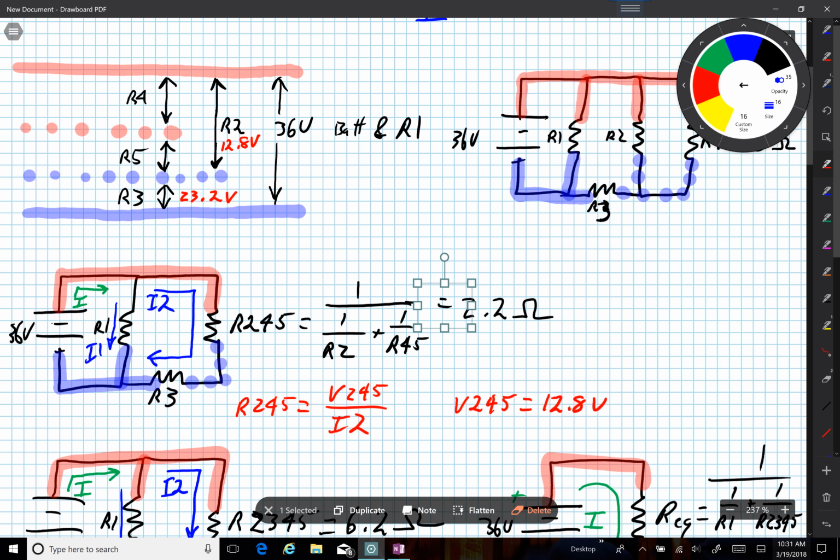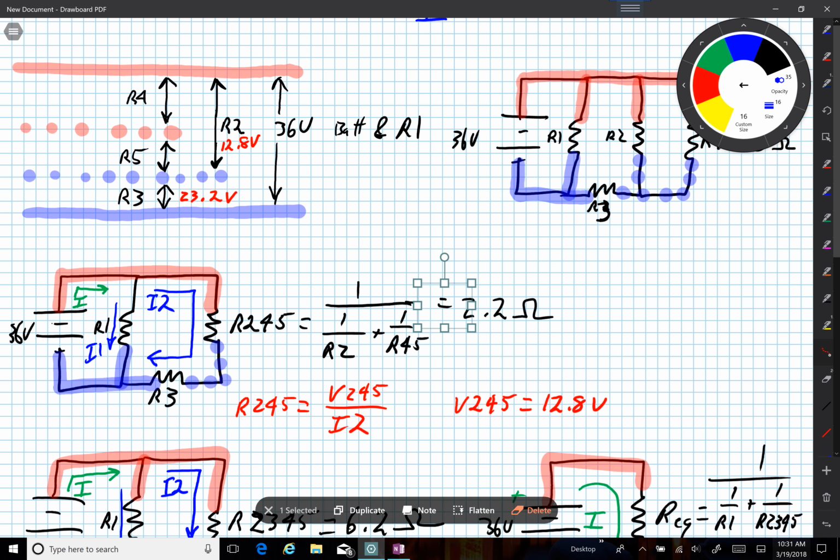If the total jump has got to be 36, and I'm just going to take it in two steps, then this jump here of 12.8, and then another jump of 23.2 is going to give me my 36.